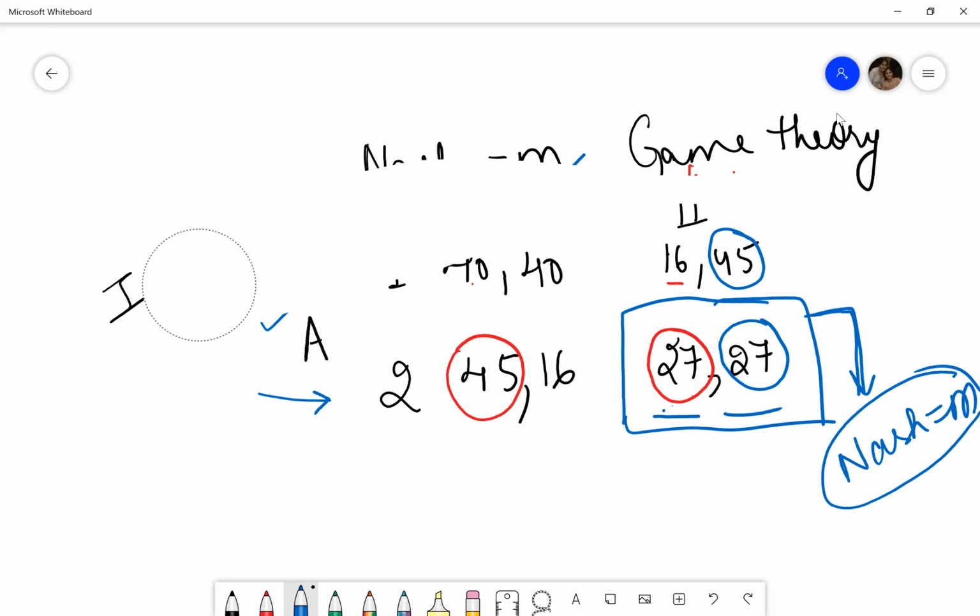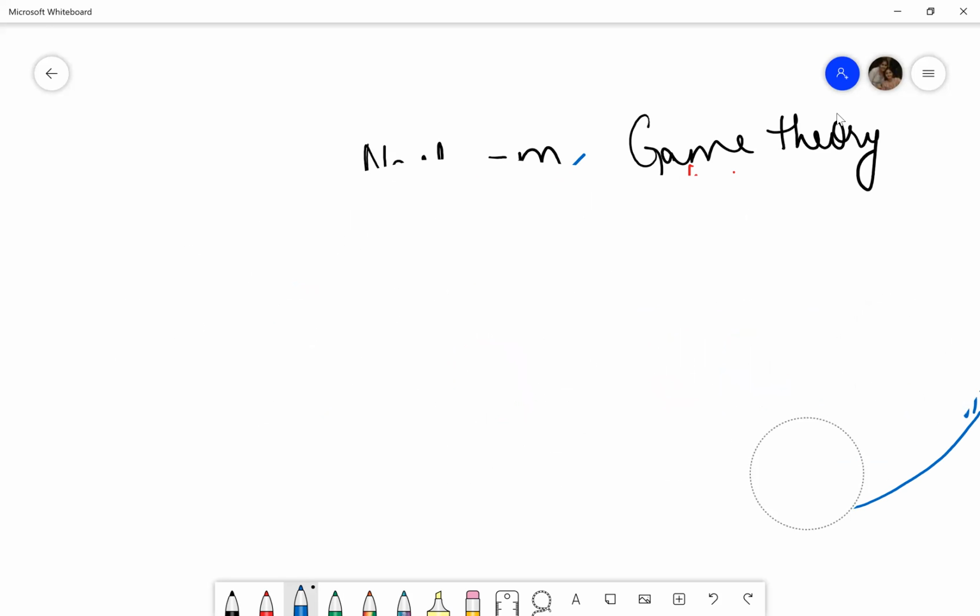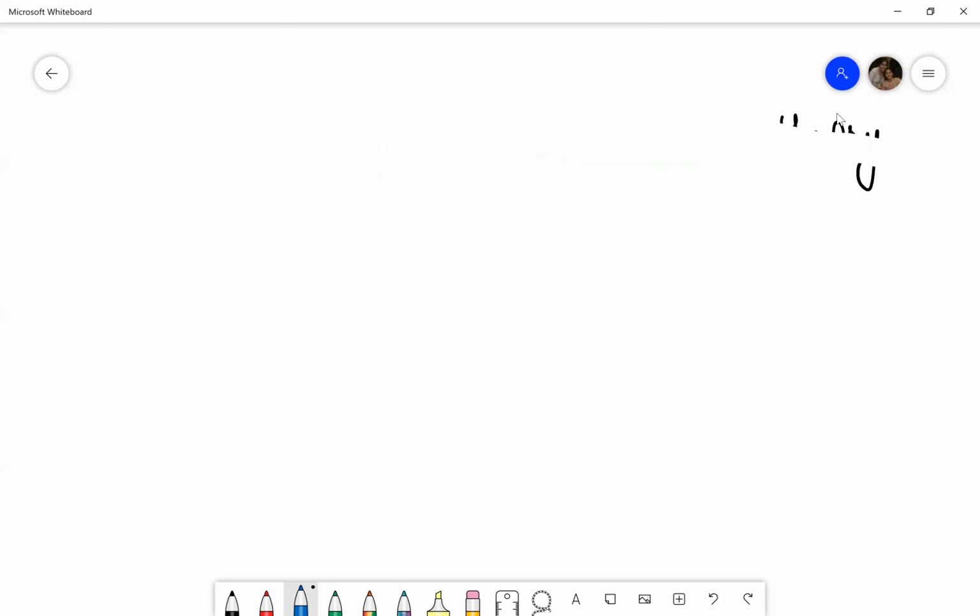Let's take another example, a second example. We have two players, A and B, and two strategies, 1 and 2. The payoffs respectively are 50 comma 25.